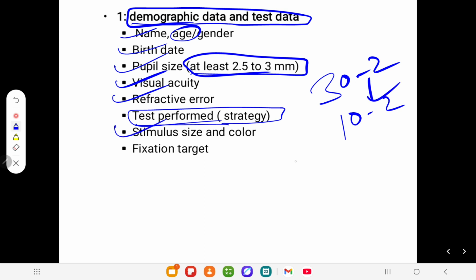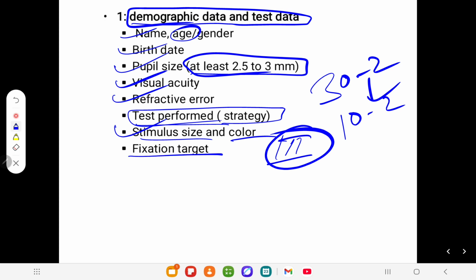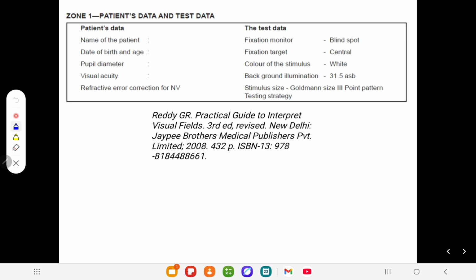Stimulus size and color is very important. Normally, the third size of Goldmann stimulus is normal. So the fixation target is very important, where we are fixating. Normally, the test strategy and the stimulus target are very fixed, and it's dependent on what we have selected.